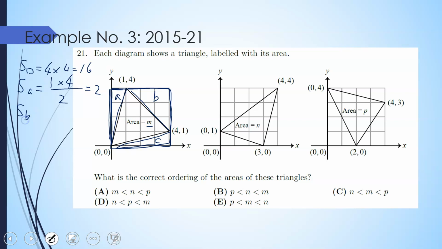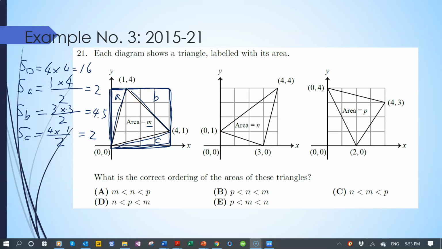The area of the second triangle is, the base is 3, height is also 3, divided by 2 gives us 4.5. The third triangle, its area is calculated as the base is 4 times the height is 1 divided by 2 equals 2.